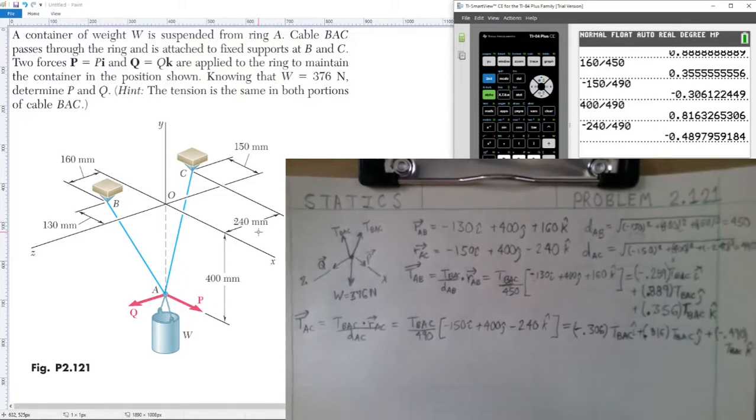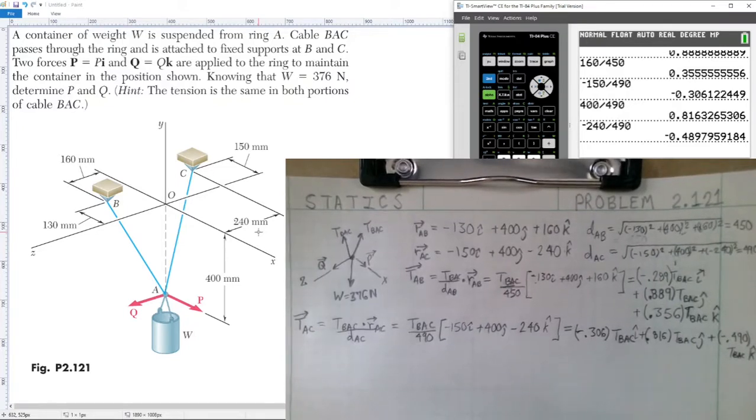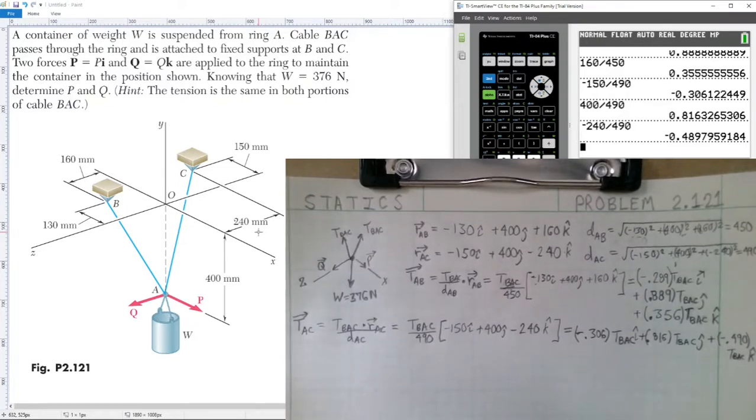Okay, so now we have our two tension vectors. They have unknown scalar magnitudes, but we do have the components broken down into the i hat, j hat, and k hat directions. Going back to the figure now, I notice the value of P is unknown and the value of Q is unknown, but the weight of this bucket is known.